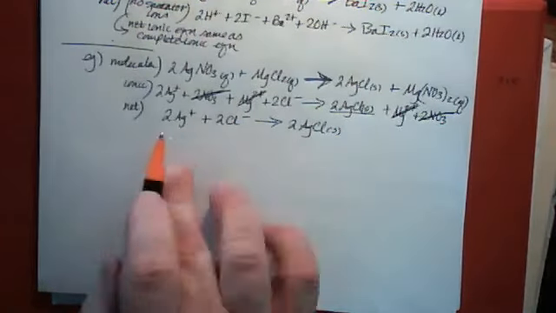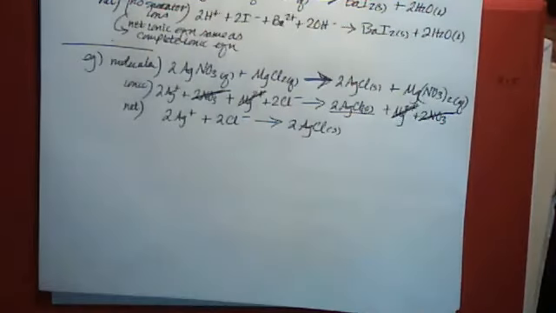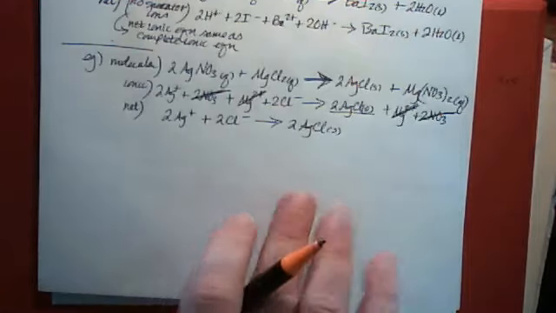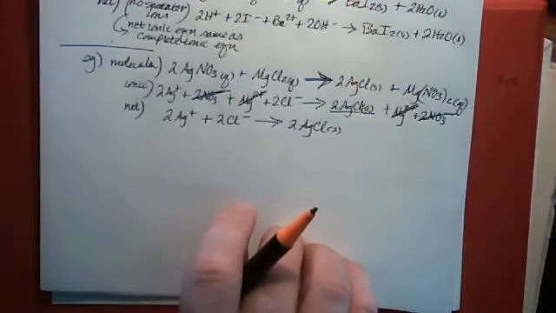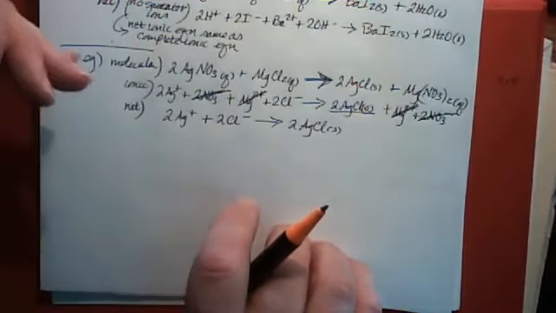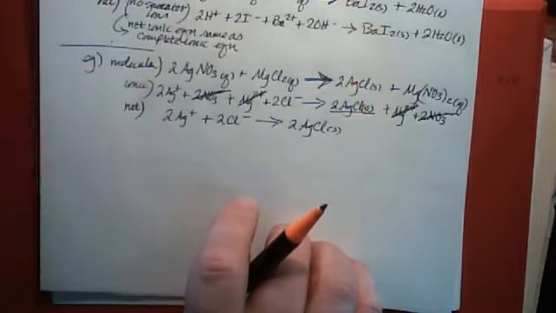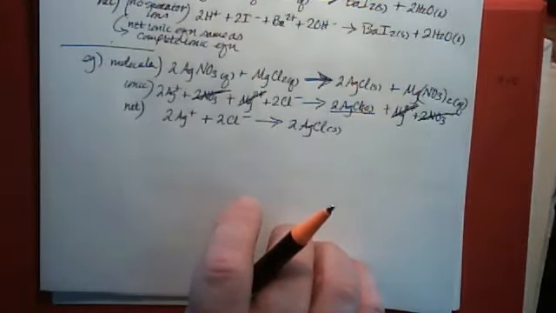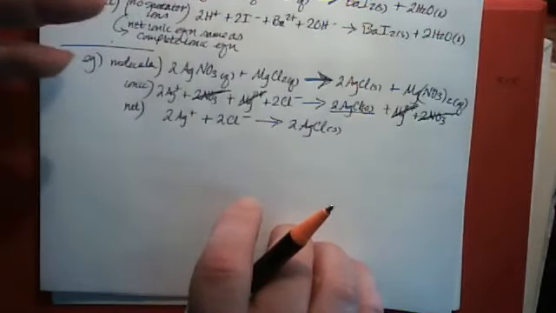But there's a catch. You may notice that all of these coefficients are divisible by 2. And as I've mentioned before, we generally want to have the lowest whole number ratios, whether it's a molecular formula, or sorry, an ionic formula, or an empirical formula, or the coefficients in a balanced chemical reaction.